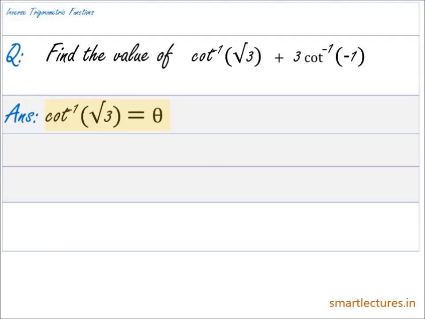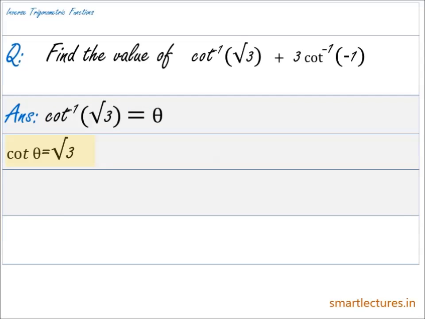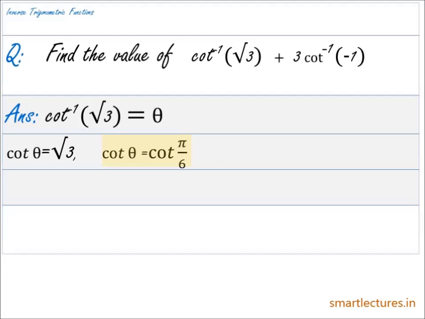So we can also write cot theta is equal to under root 3. And now what is the angle for which cot theta is equal to under root 3? If you remember, that angle is 30 degree or pi upon 6.